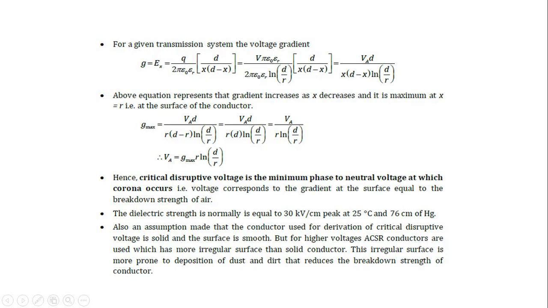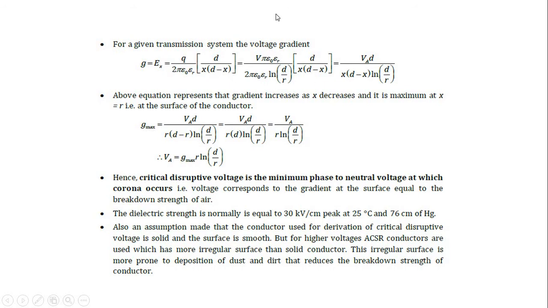Now, for a given transmission system, the voltage gradient is nothing but the change of voltage with respect to distance. So the voltage gradient is denoted as G is equal to Ex is equal to Q upon 2 pi epsilon 0 epsilon r under bracket d upon x into d minus x.